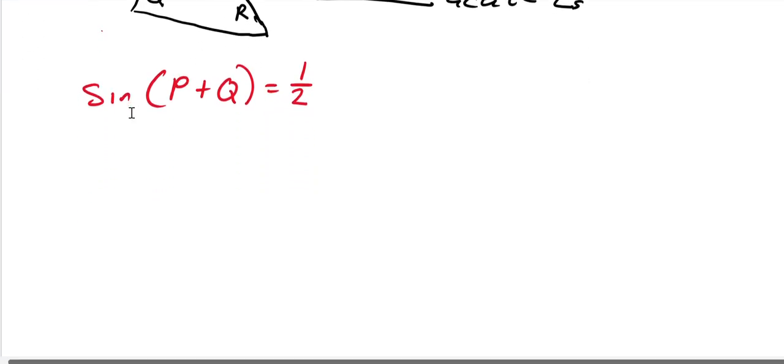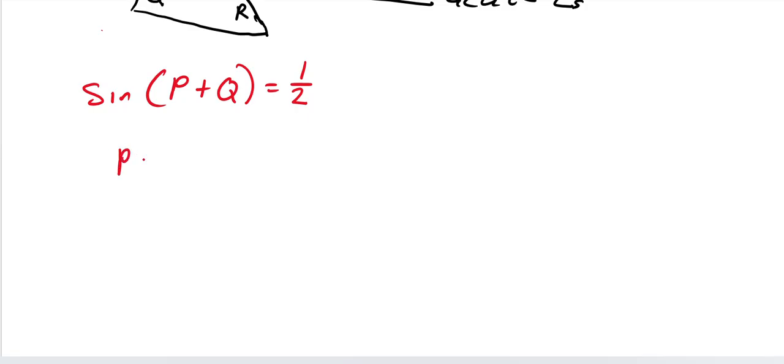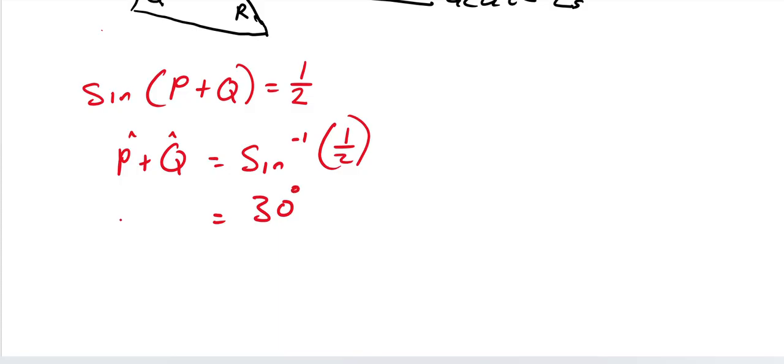So don't be confused. Now we are solving for angle P plus Q. You will say it is equal to arcsine of 1 over 2, and we know that arcsine of 1 over 2 is 30 degrees. So P plus Q is equal to 30 degrees. This is our reference angle.